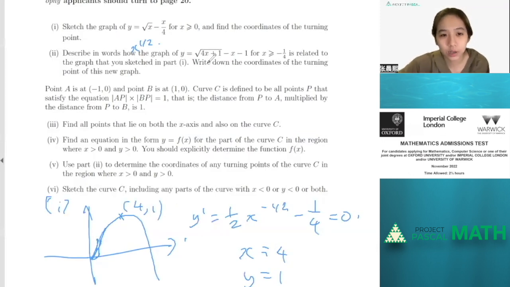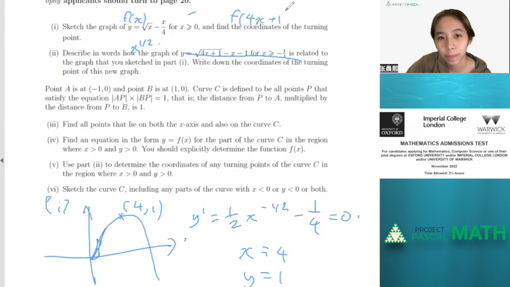Okay, this relates the graph of this to the graph that you sketched earlier. If you let y equals f(x), then you set y equals f(x) plus 1. It's going to give you something like root of f(x) plus 1, minus f(x) plus 1 over 4.